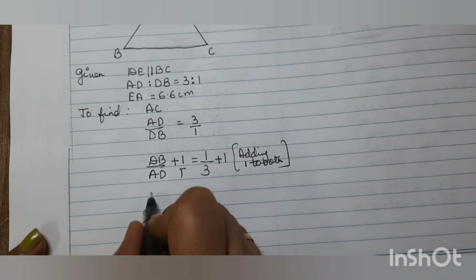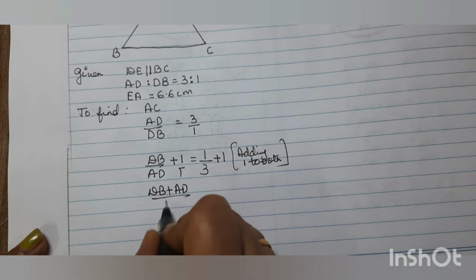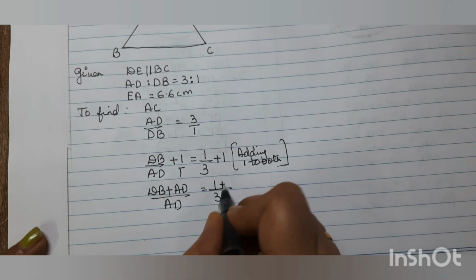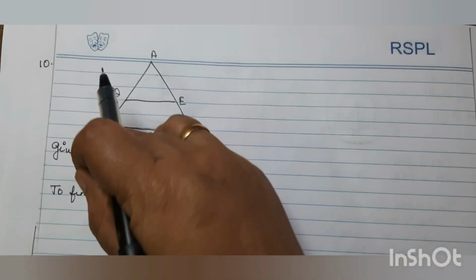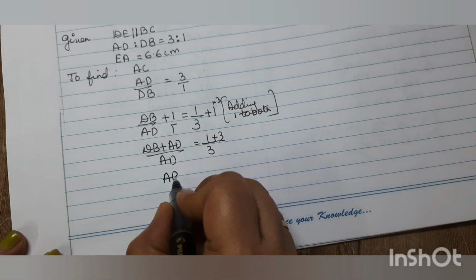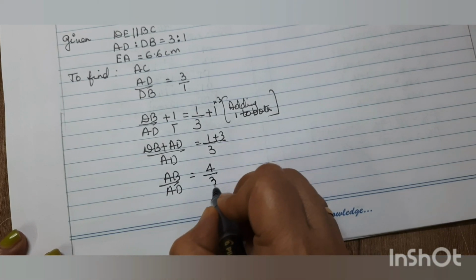By taking LCM, DB plus AD divided by AD, I'll get 1 plus 3 by 3. So here we get DB plus AD, which is AB, divided by AD is equal to 4 by 3.